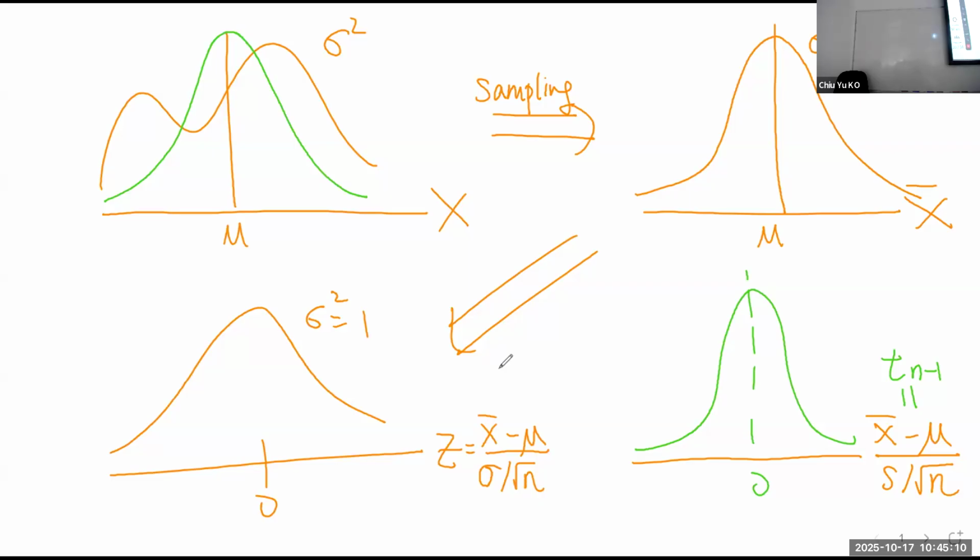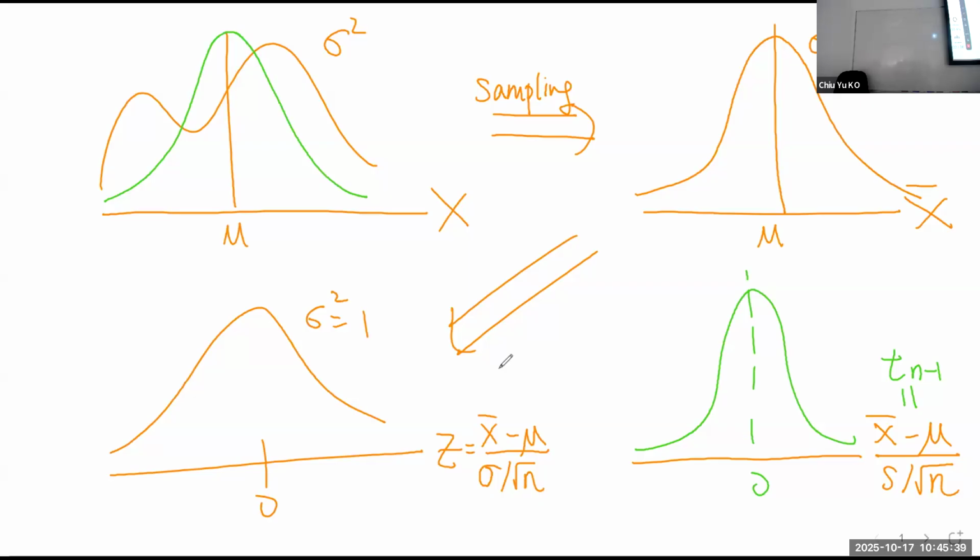If we are willing to assume the underlying is like the green one, the bell curve, then with this procedure it becomes the T distribution, okay? Of course, if you assume something else, you get a different shape, right? But since normal is so common, we just work on the normal one, okay?